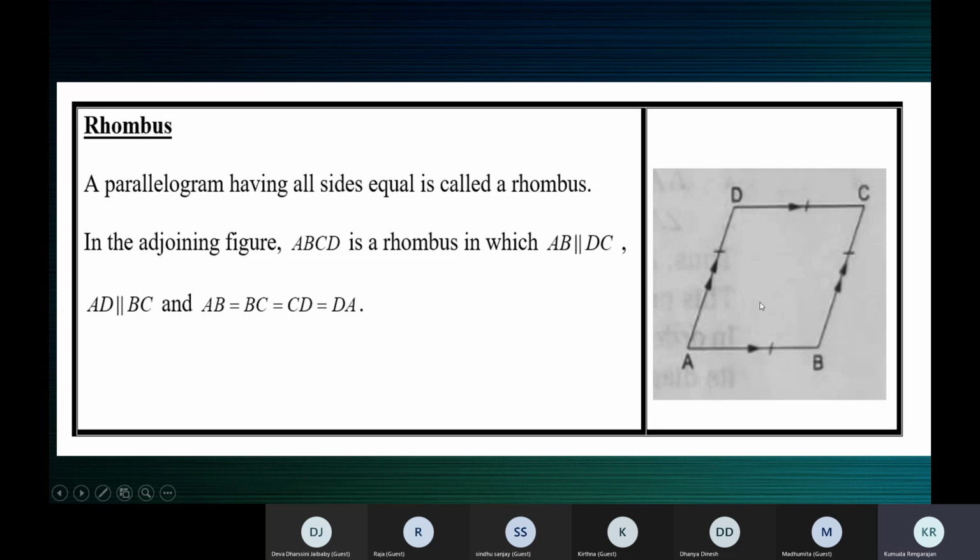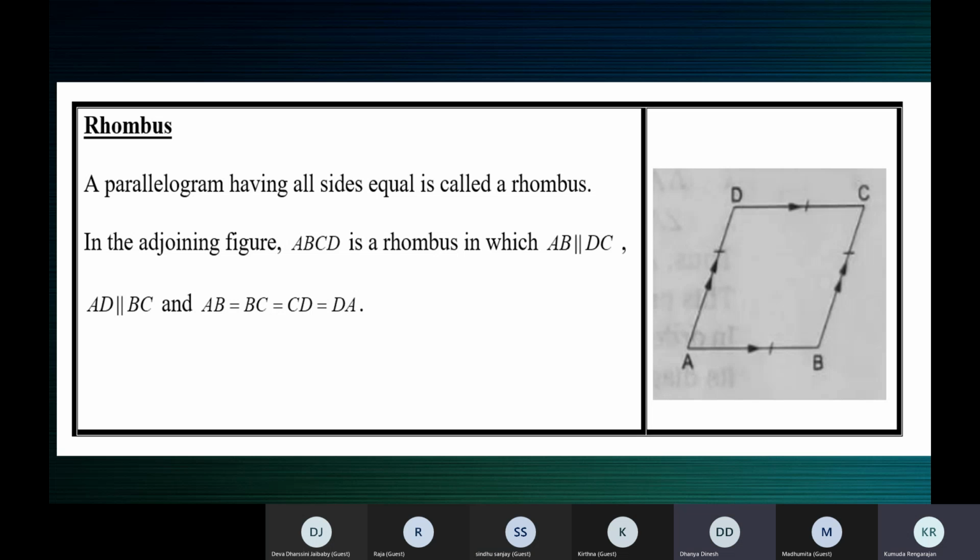What will you say about B and D? Ma'am, they are opposite angles. What's the property?